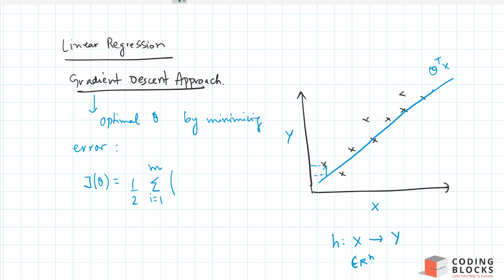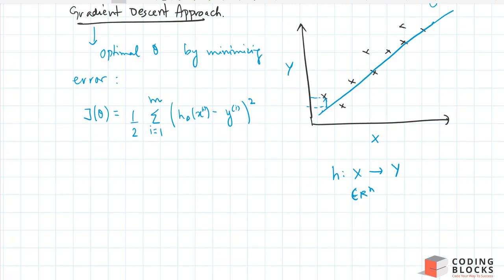So this is the actual value and this is the predicted value. The difference is h_theta(x^(i)) minus y^(i), and this is squared, right? So gradient descent minimizes the error, and this is the error function that we are going to minimize.